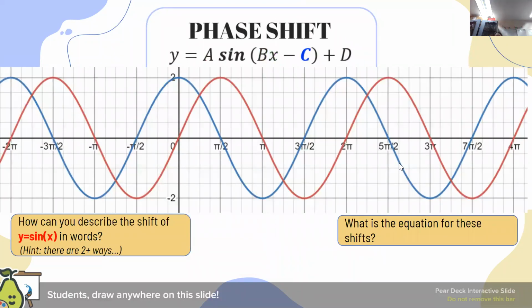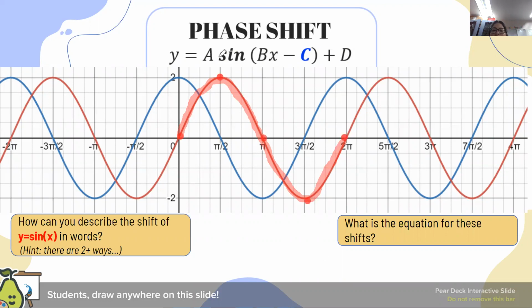Here we can see that the graph is moving infinitely in either direction. So how can we describe the shift of sine of x? Again, I'd like to highlight one cycle of sine. It starts at 0 and has to finish the entire cycle. It has to start at 0, go up to the maximum, go back down to the minimum, and end at 0.